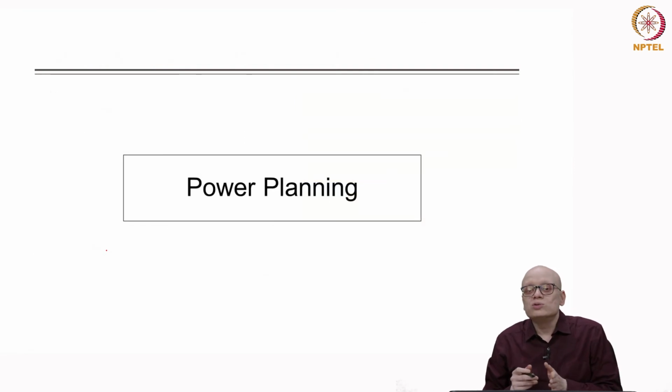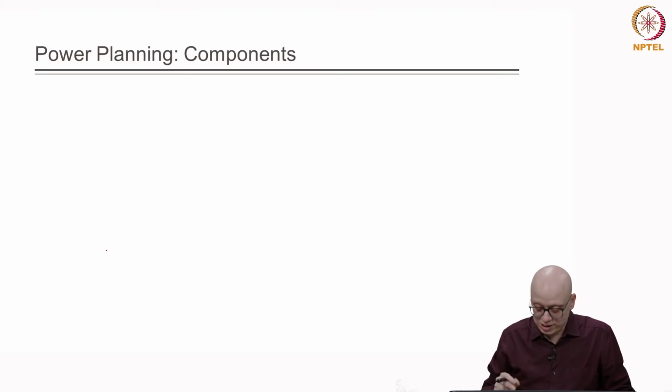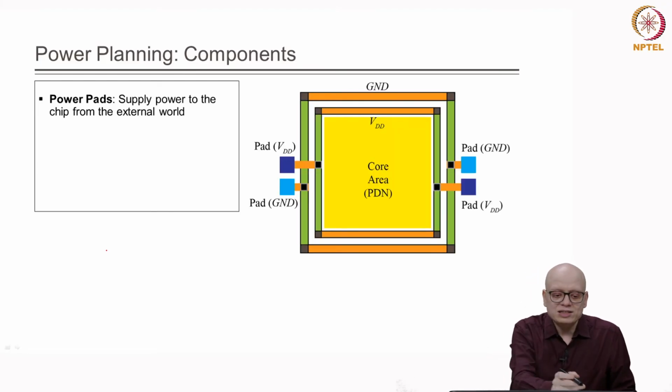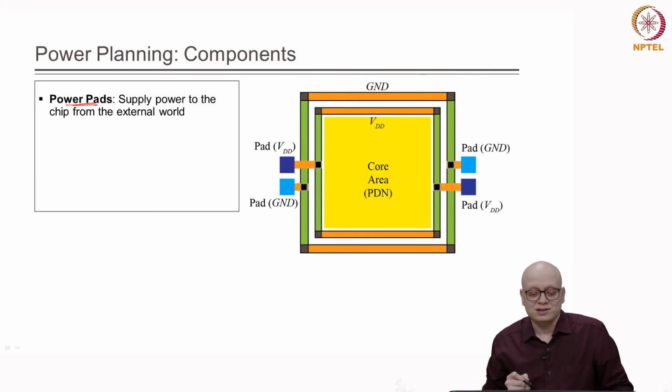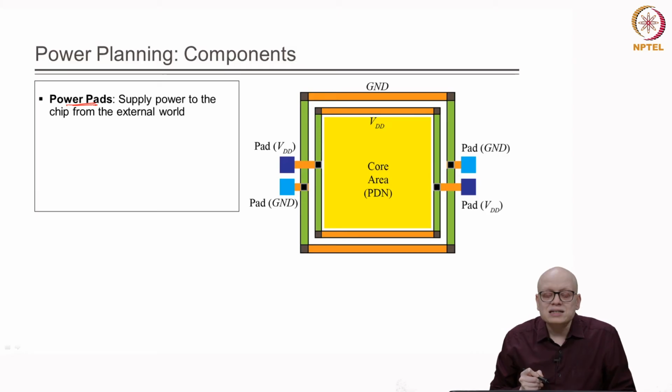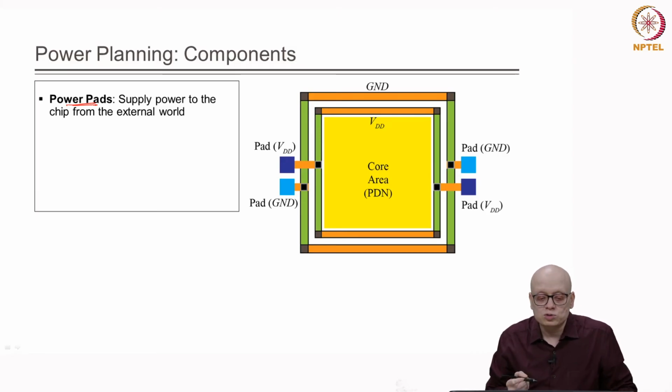Now, let us look into the next task, that is the power planning. In power planning, first let us look into what the major components are. The first component is the power pads, the ones we had discussed in the last lecture, right. Power pads basically supply VDD and ground lines to the power delivery network.